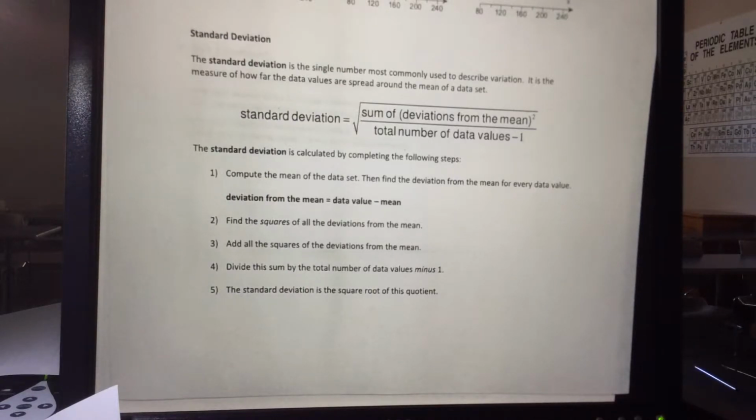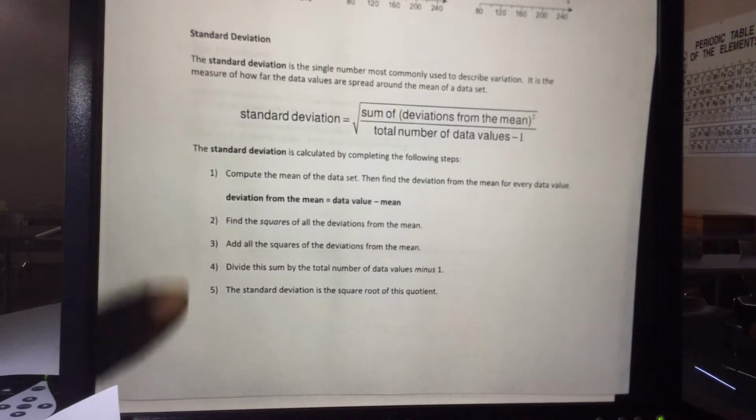And this is the formula for finding the standard deviation. It is equal to the square root of the sum of the deviations from the mean squared, divided by the total number of values minus 1.